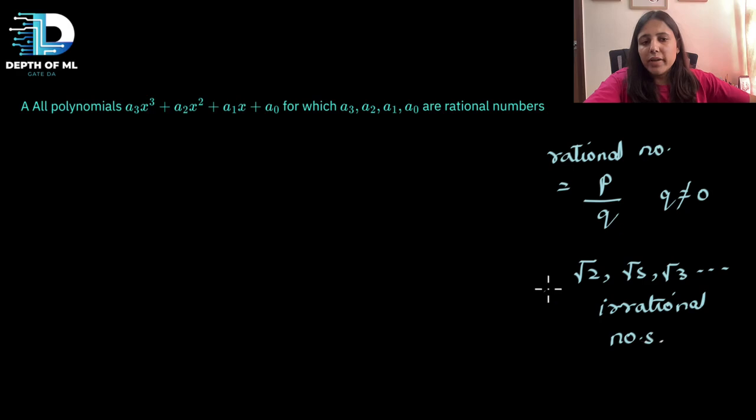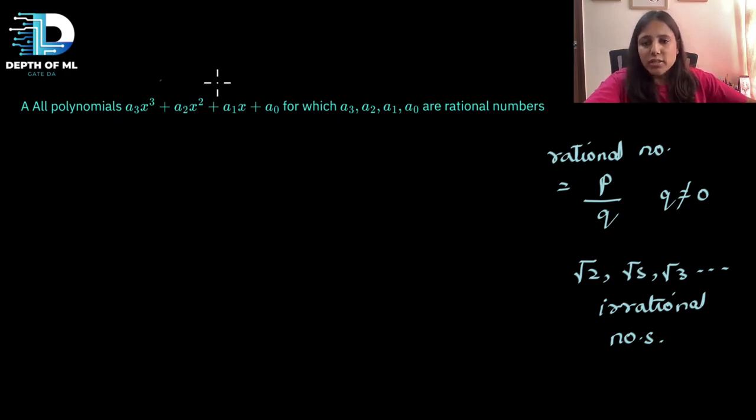Whenever rational numbers come into the picture, usually you will see issues with scalar multiplication, and I'll show you how. So here let me not check for the zero vector or closed under addition first. Let me check for closed under scalar multiplication.